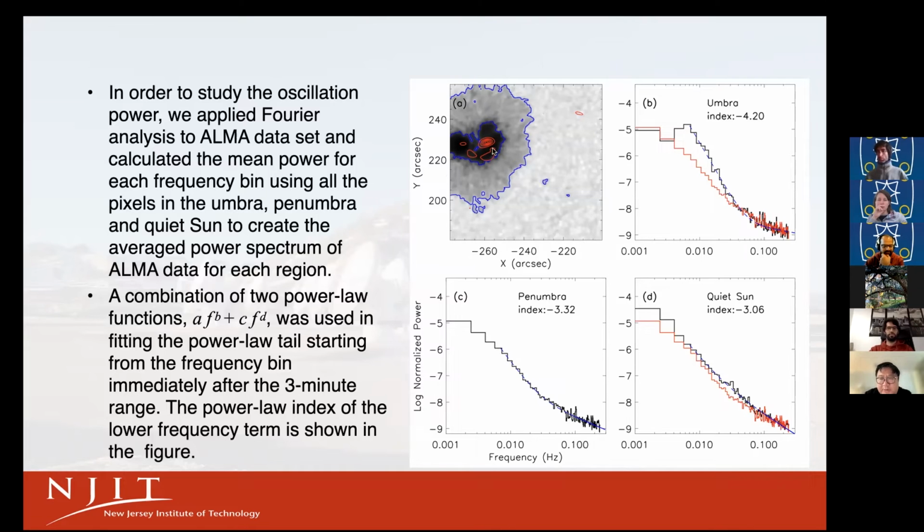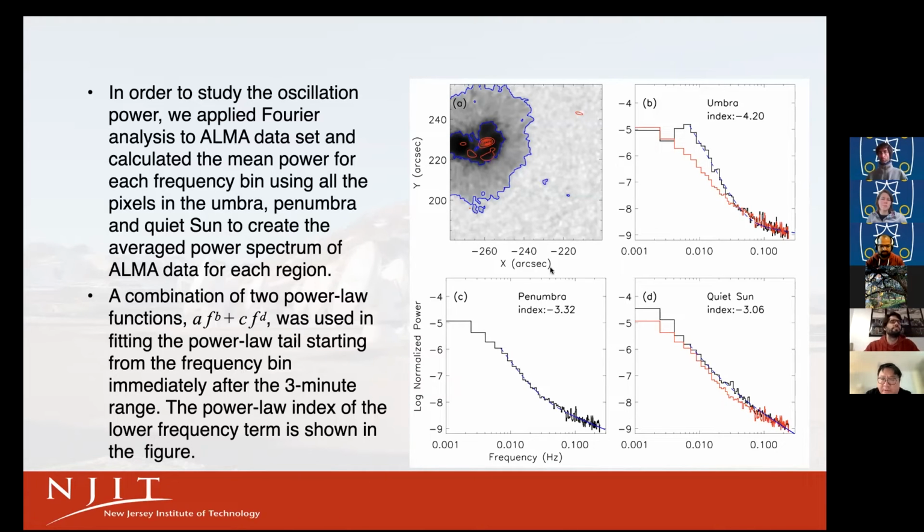And this right contour is actually the strong 3-minute oscillation region, which is an integration of the two closest bins near the 3-minute oscillation frequency. So to fit this power law, we combine the two power law functions seen in this term. So the fitting starts from the frequency bin immediately after the 3-minute range.